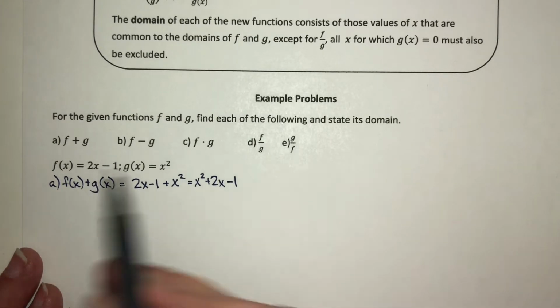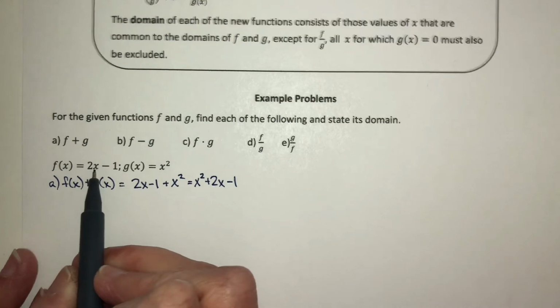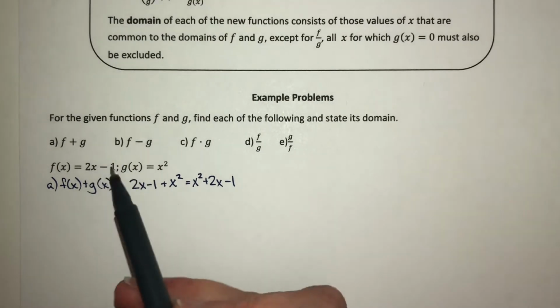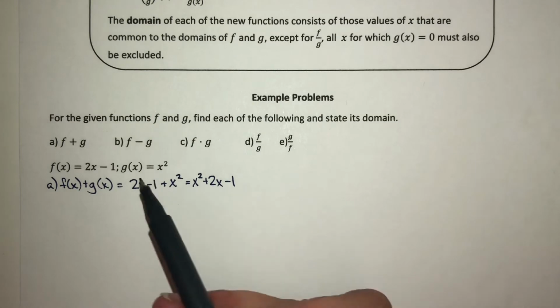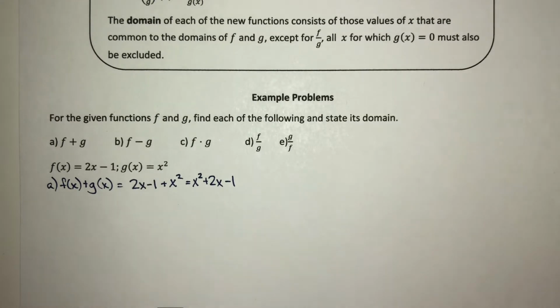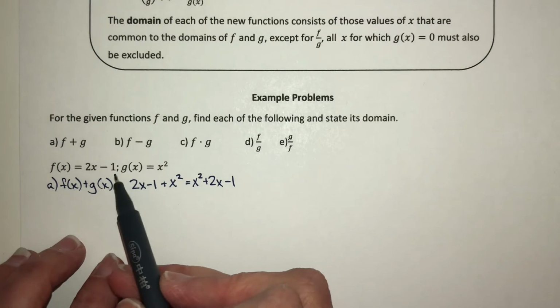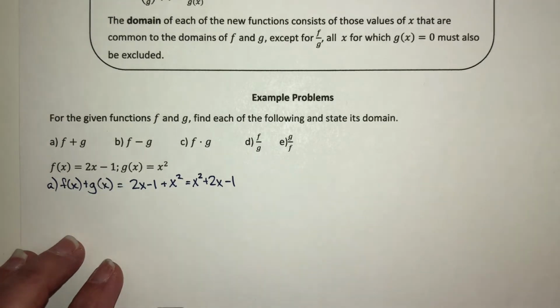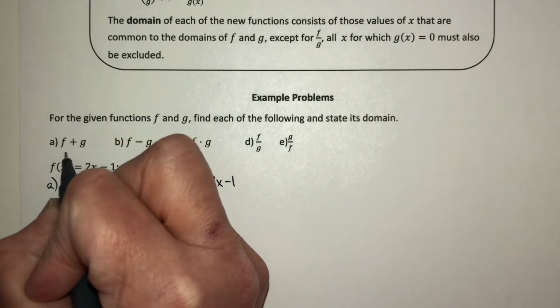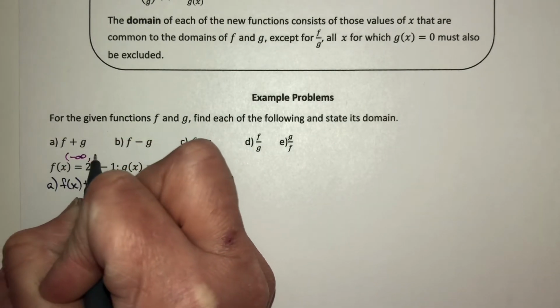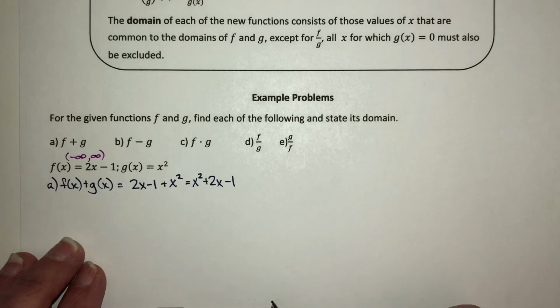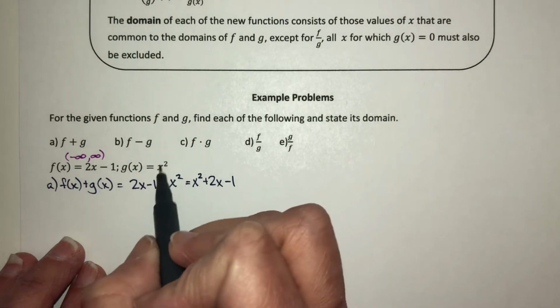Now let's talk about the domain. We need to talk about anything that has to be excluded from f or that needs to be excluded from g. So what's the domain of 2x minus 1? That's a linear equation. There are no roots in it. There is no denominator to it. So the domain of f is going to be negative infinity to positive infinity. Same thing here with g.